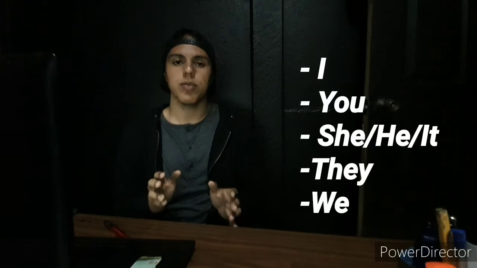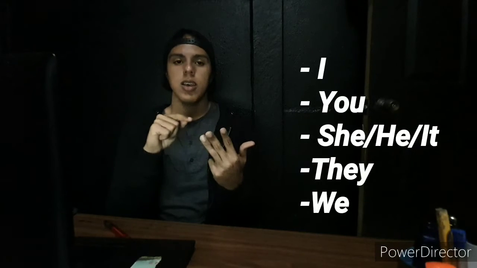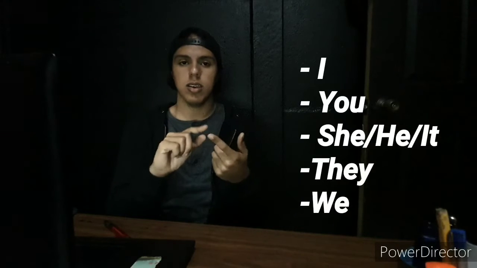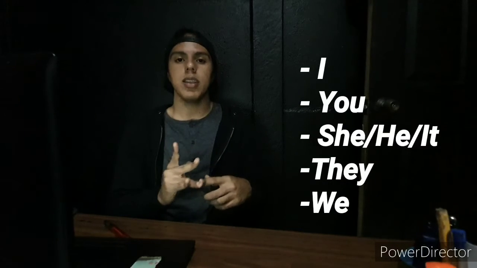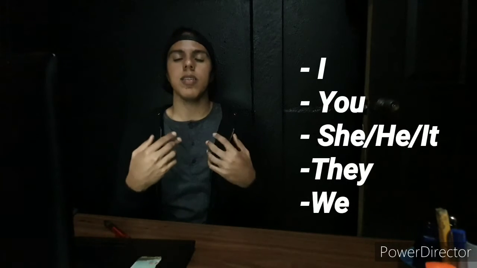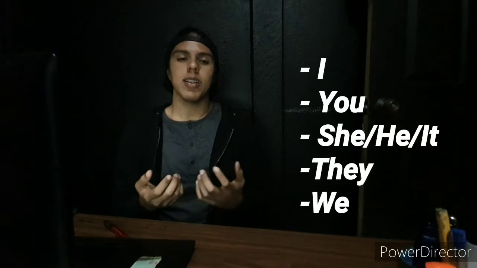Talking about the structure of this verb, we have to use first the subject: I, you, it, she, he, maybe a name like Carlos, Carla, they, and we, right? Then we jump into the verb to be. It depends on the verb tense that we're going to talk about, right?